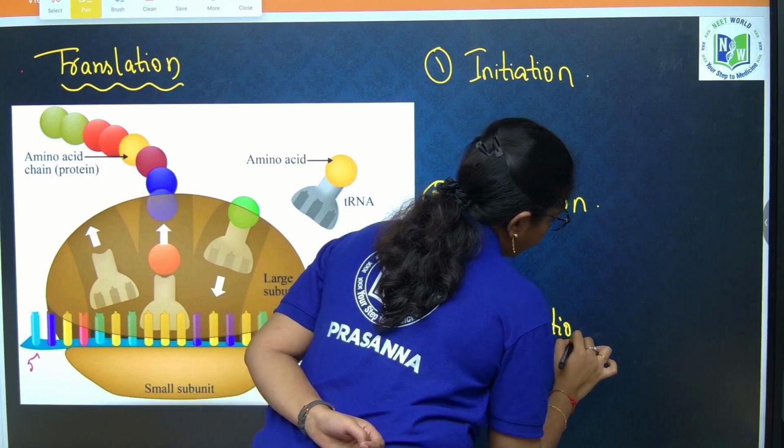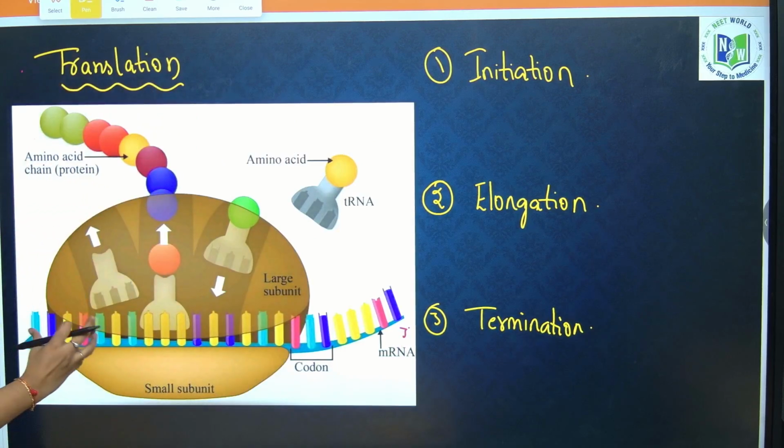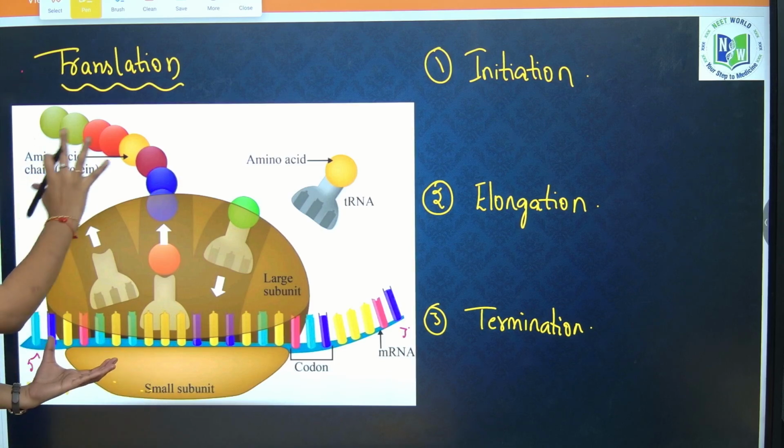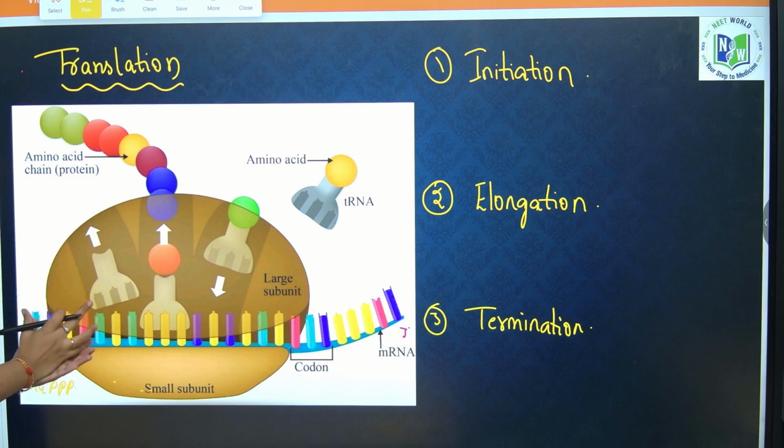In the initiation process, the smaller subunit recognizes the initiator codon region, where the 5' methyl guanosine cap is. The smaller subunit of the ribosome comes and attaches, and the larger ribosomal subunit comes and fits over here. This is the first thing which happens.